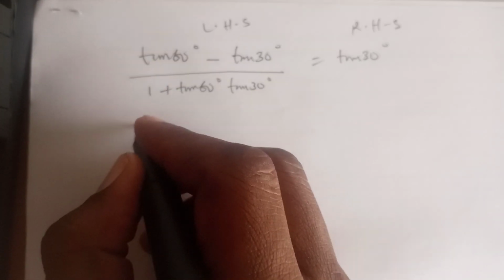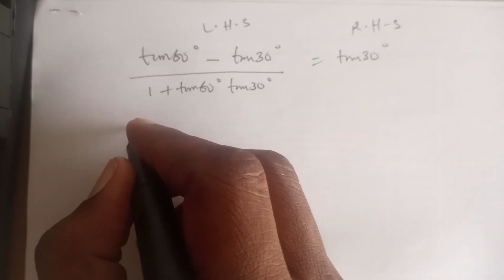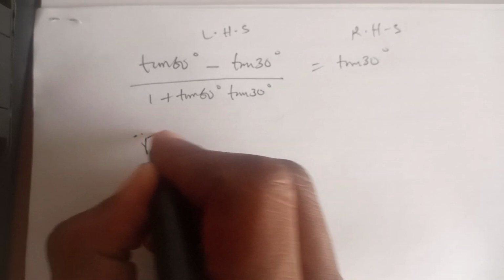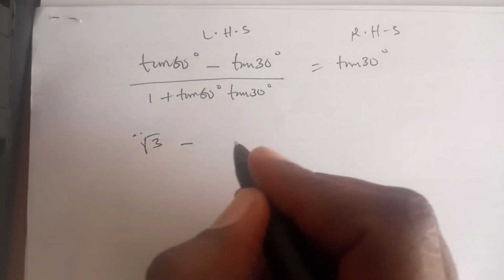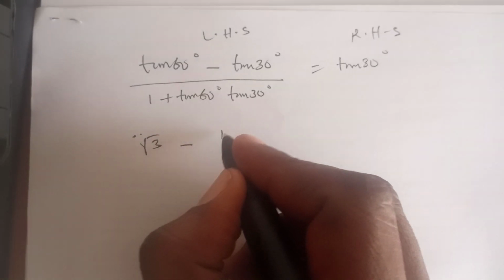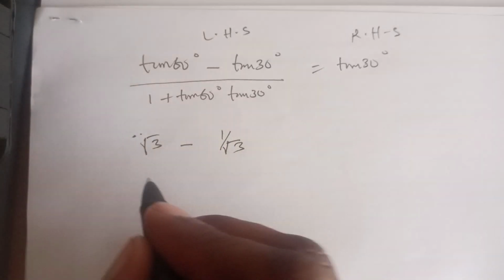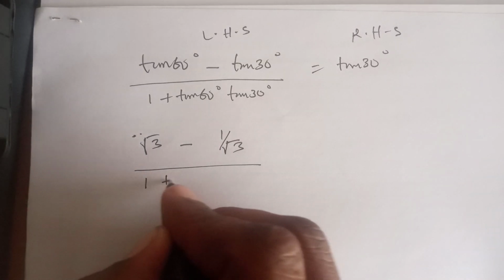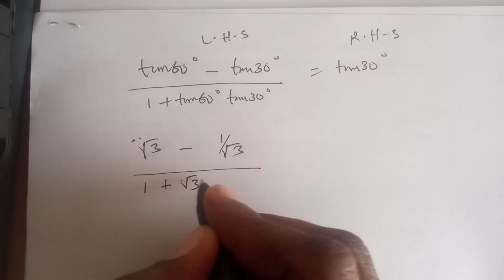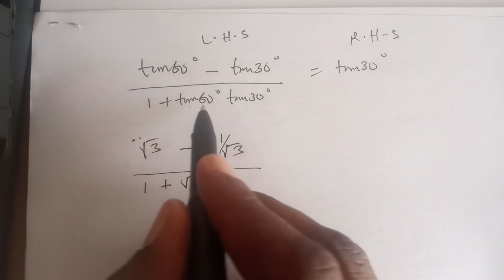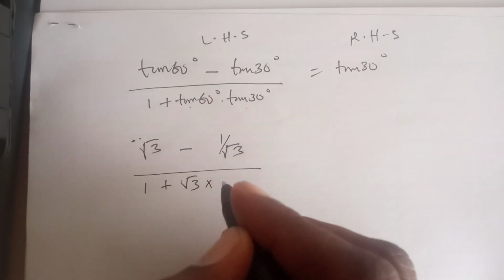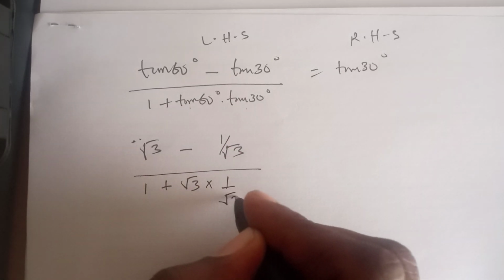So tan 60. What's tan 60? Tan 60 from the table of special angles is root 3, minus tan 30, which is 1 over root 3, over 1 plus tan 60, which is root 3. You understand? Between tan 60 and tan 30 here is multiplication, so times tan 30, which is 1 over root 3.